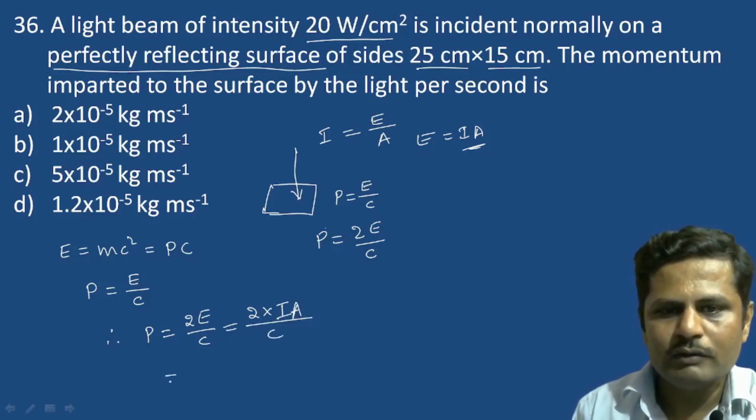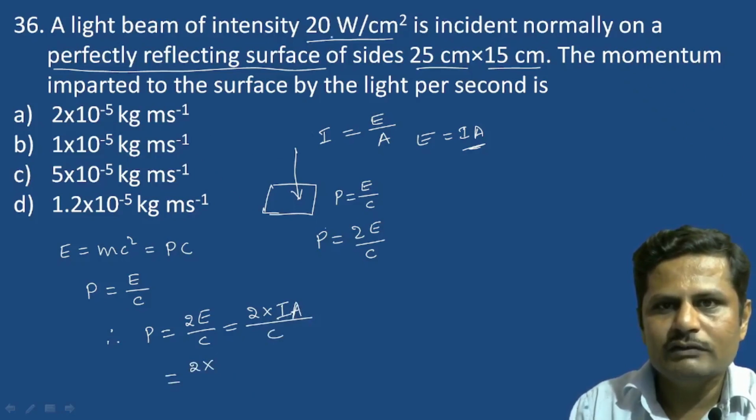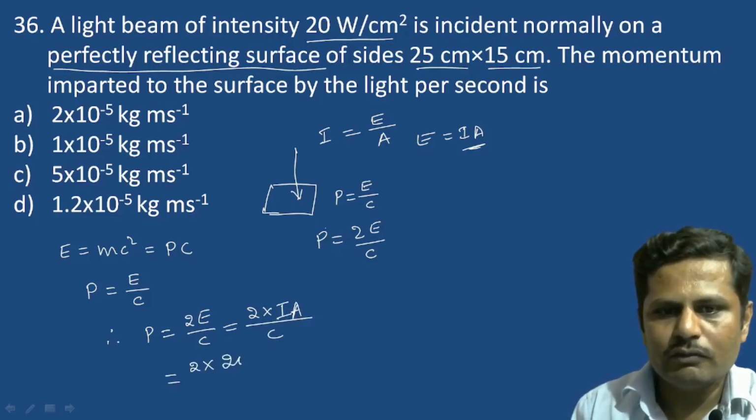So on substituting the values, that is 2 into I, the intensity, 20, and the area of cross section is 25 into 15, divided by c, the speed of light in vacuum, that is 10 to the power of 8.